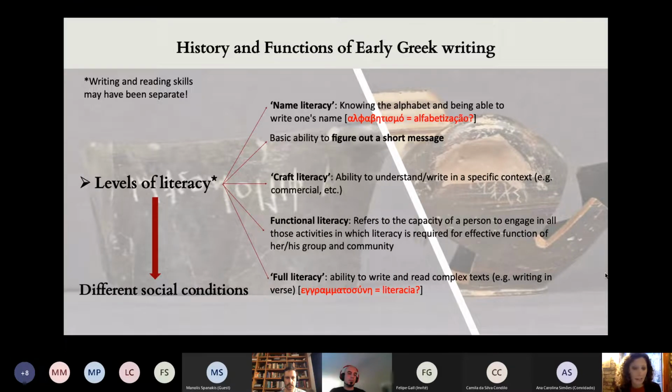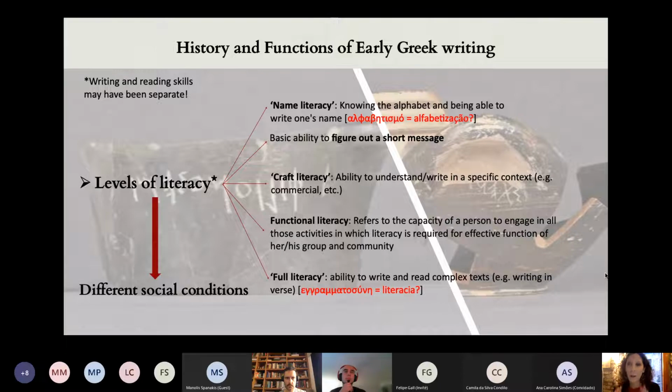I have found recently a very good distinction, and that's the reason why I put the red words, between name literacy, so you know the alphabet and can just write your name, and full literacy, that is you can write everything and read everything. This scholar is, of course, a modern Greek epigraphist, I think, and he gave this distinction between alphabetismos and grammatosyni.